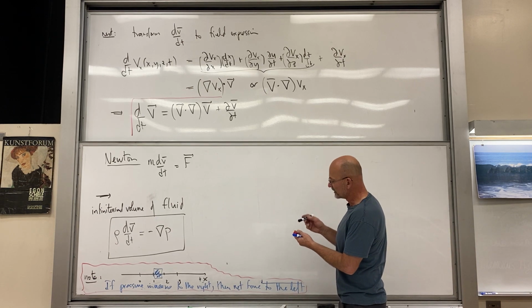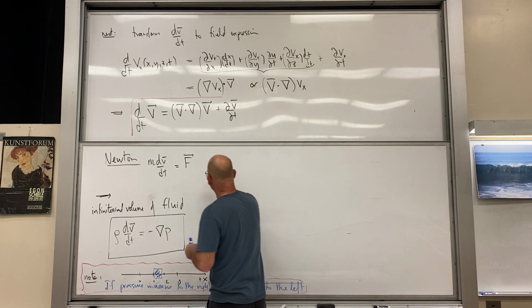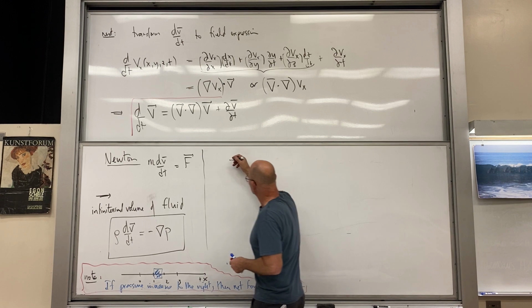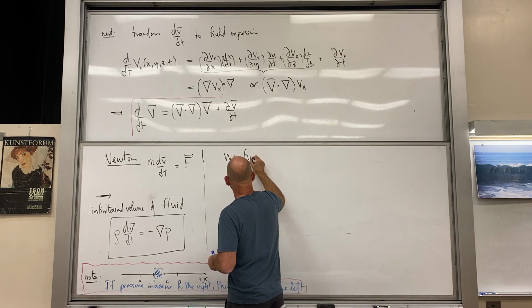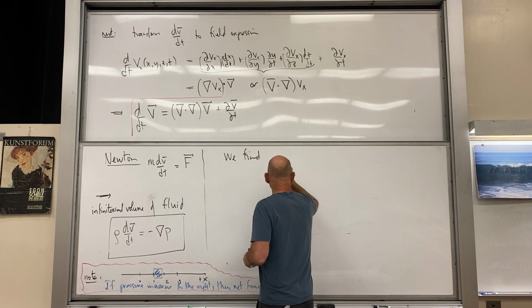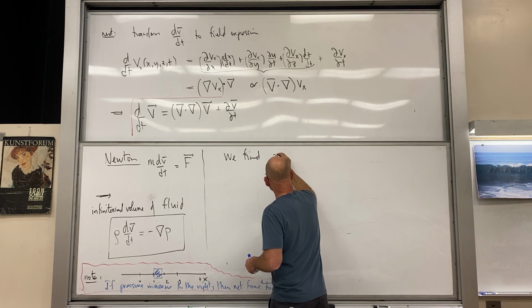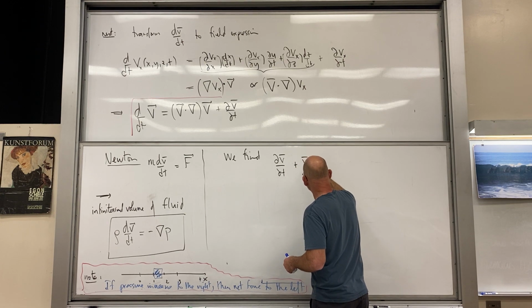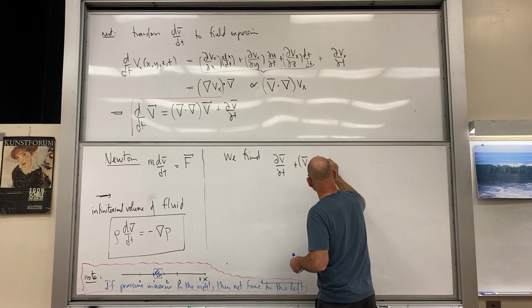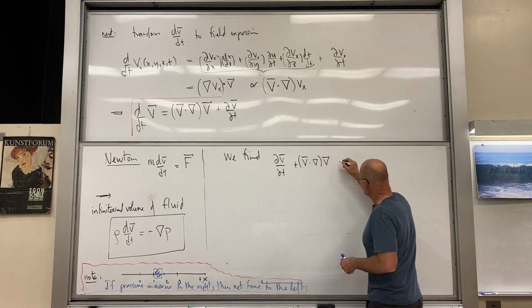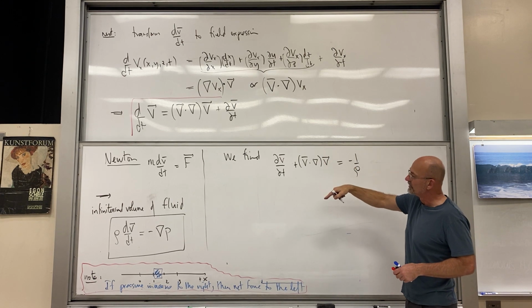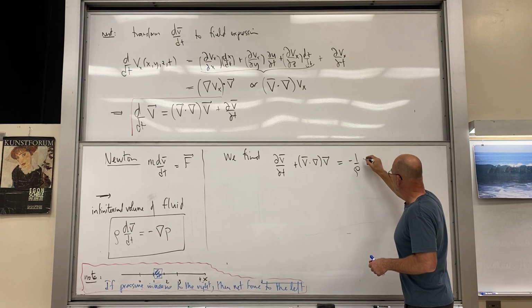Okay, so this results in, lock that off so we have everything. So we find dv/dt partial plus (v dot gradient) operator on v is equal to minus 1 over rho gradient P. We're going to bring the rho down to the other side.